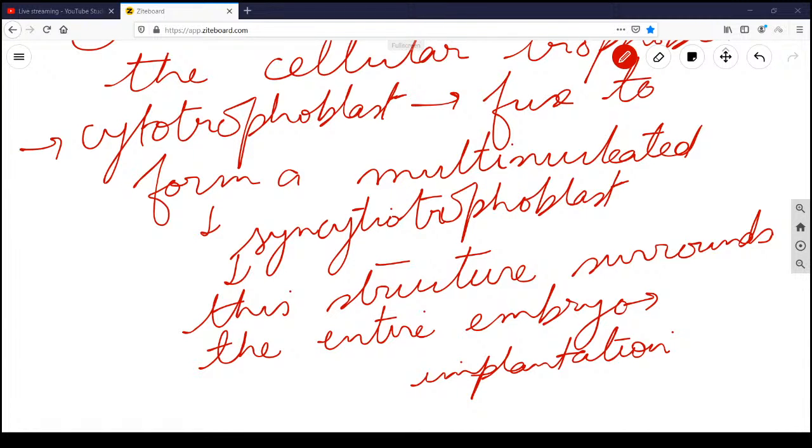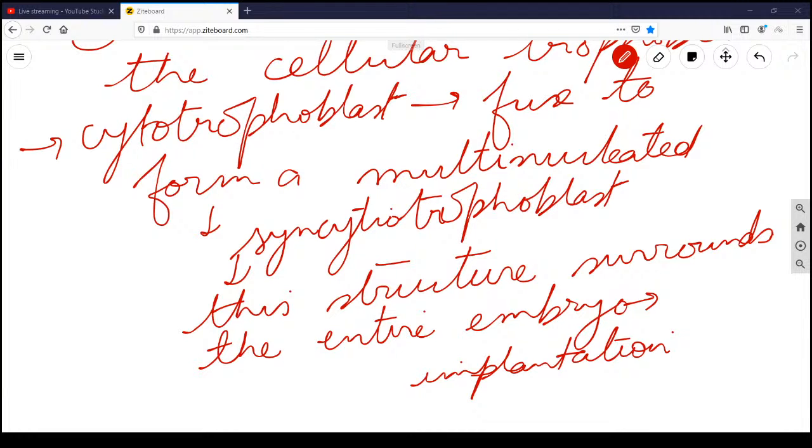Now, the small projections of syncytiotrophoblast will insert themselves between the uterine epithelial cells. Always remember, they will keep on inserting their projections between the epithelial cells of the endometrial lining, and they spread along the epithelial surface of the basal lamina and form a trophoblastic plate.